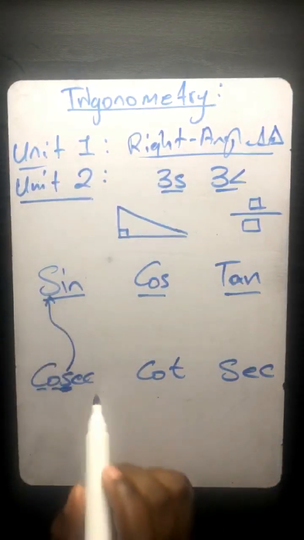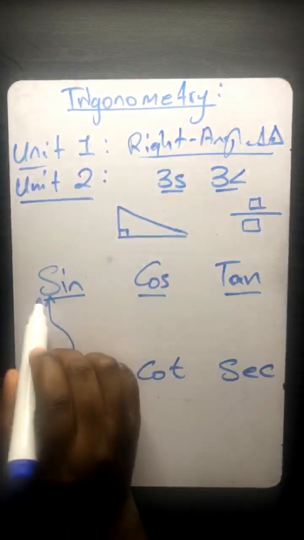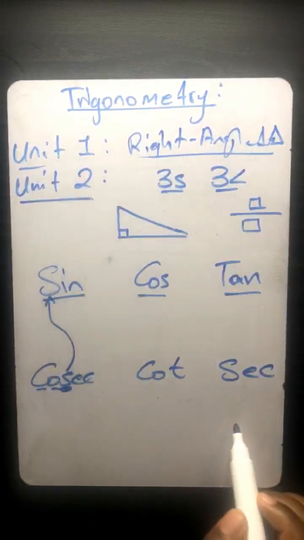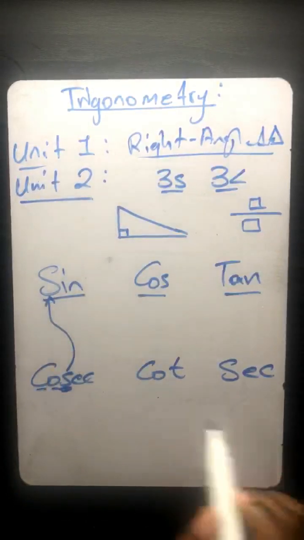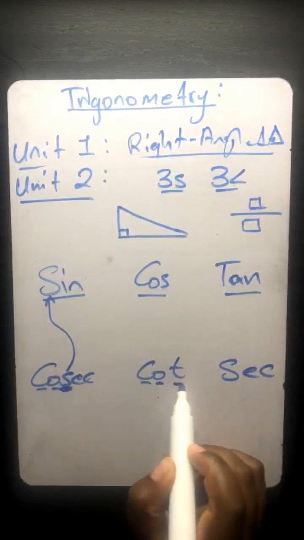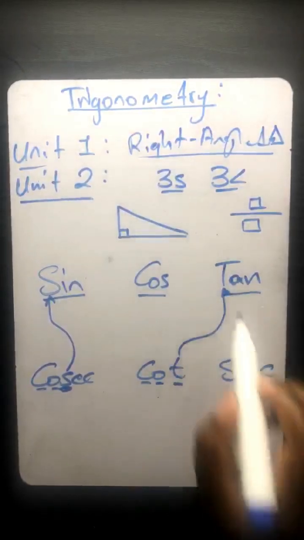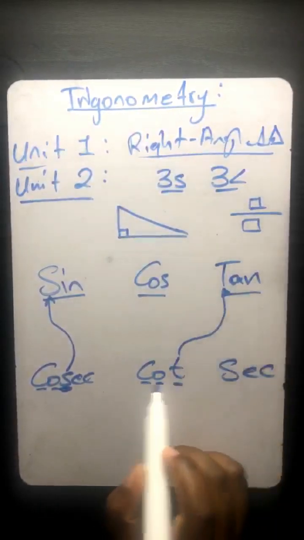Which means cosec is the cousin of sine. When it comes to this one, what is letter number 3? 1, 2, 3 is T. That means T for tan, so the cousin of tan is cot.